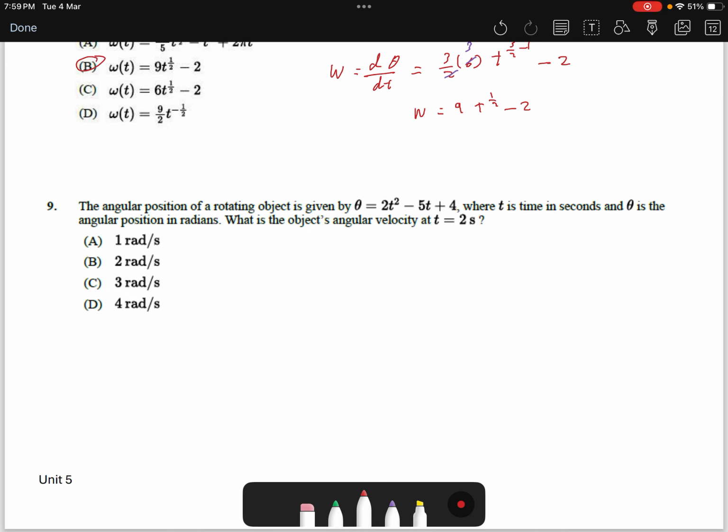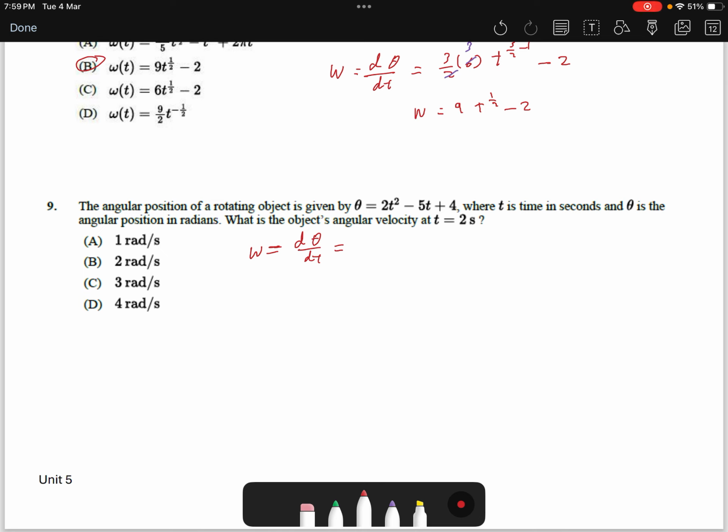Question number 9 for the same topic. Also, please read the question. Again, we need to find the angular velocity. The angular velocity equals the derivative of theta with respect to time.